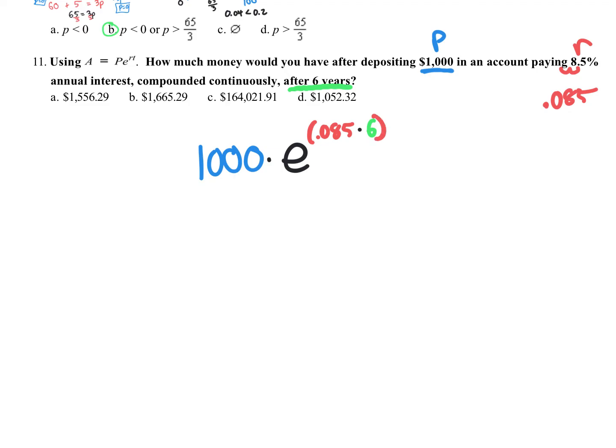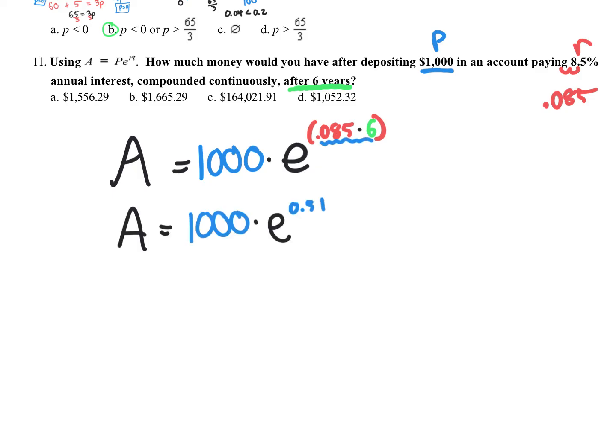Okay, and again, this is going to be your amount. So after 6 years, what's the amount going to be? All you got to do is type this into the calculator and you will get your final answer. So I will show my work here. The 0.085 times 6 is 0.51.